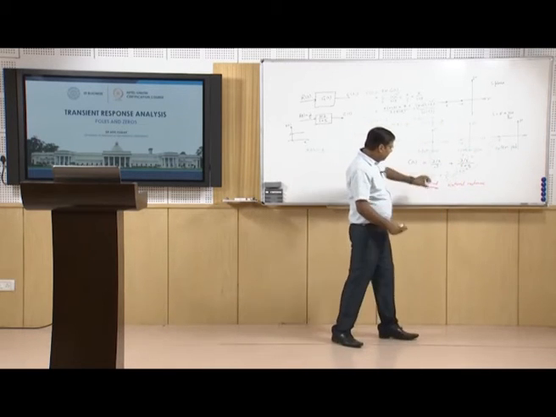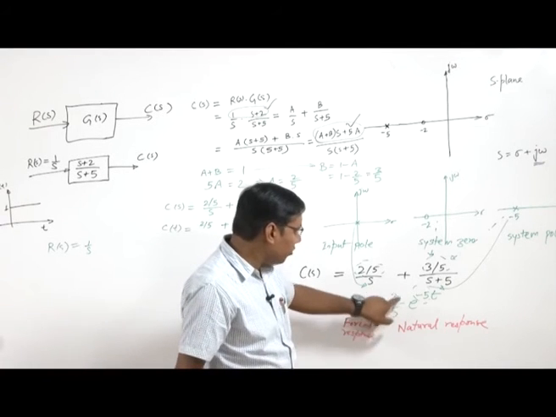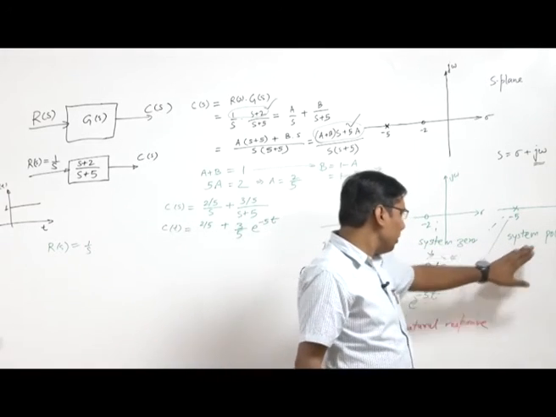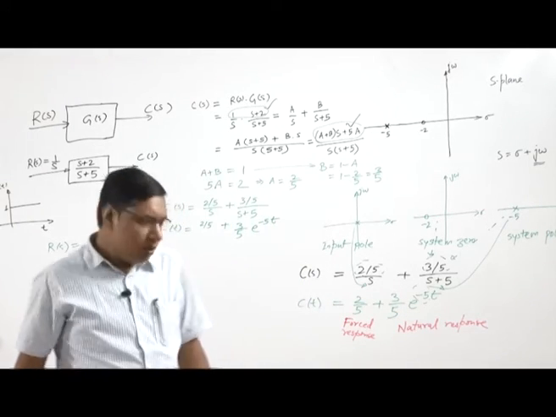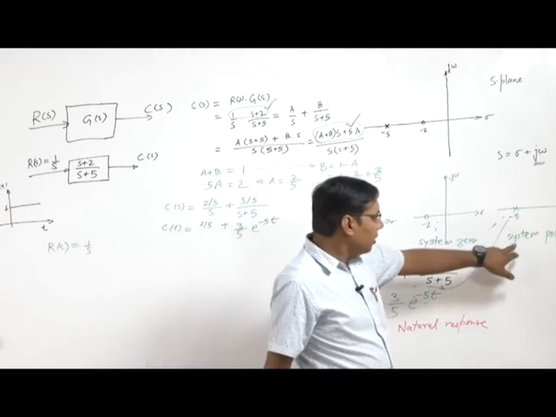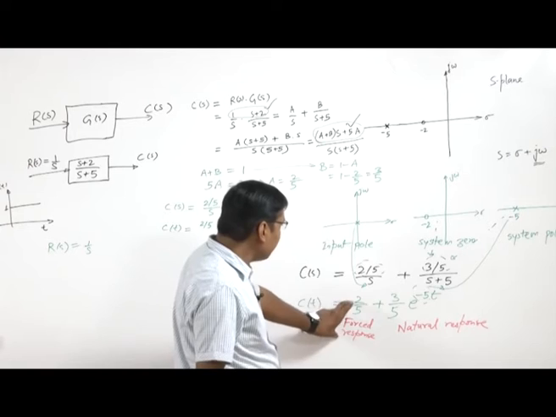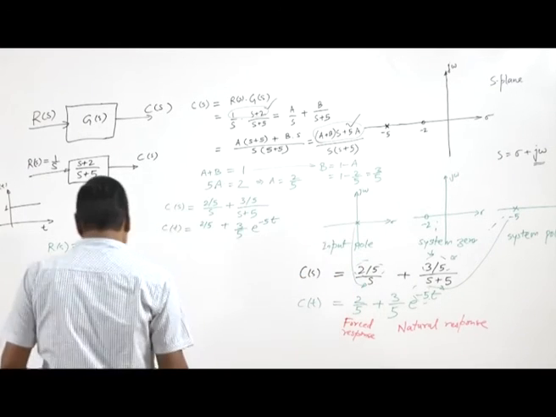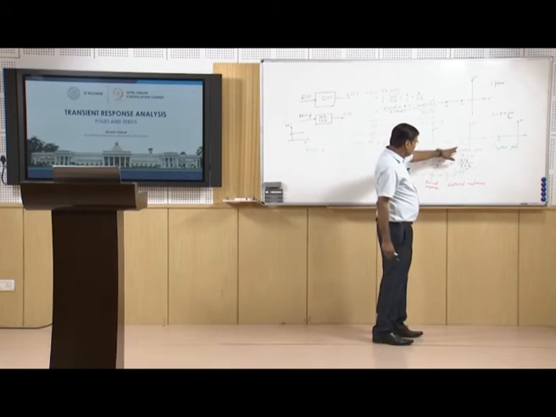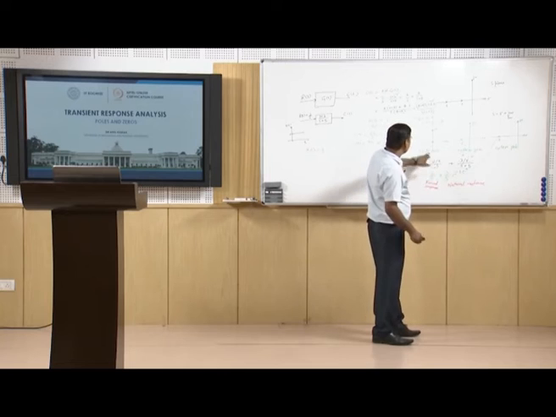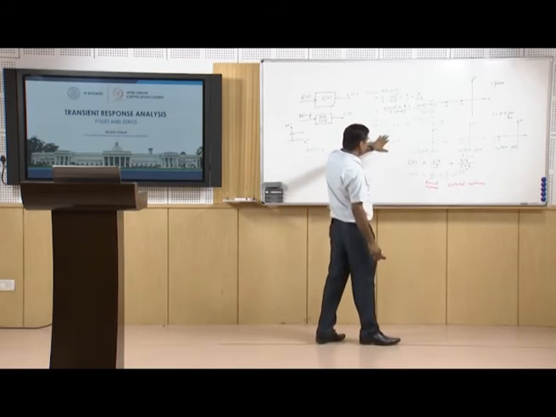So we see that the amplitude of the natural response depends on the zero and pole, while the exponential form depends on the system pole, whereas this first part depends on the input of the system as well as the zeros, because this value is coming from this calculation which includes the zero and pole.